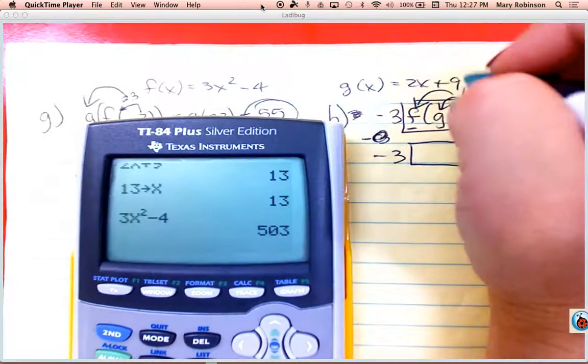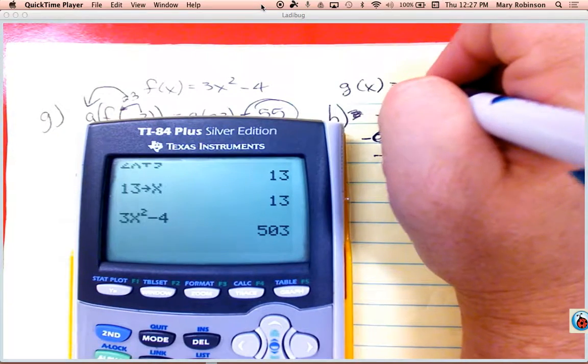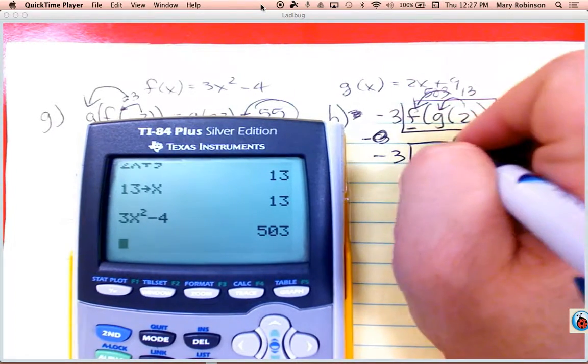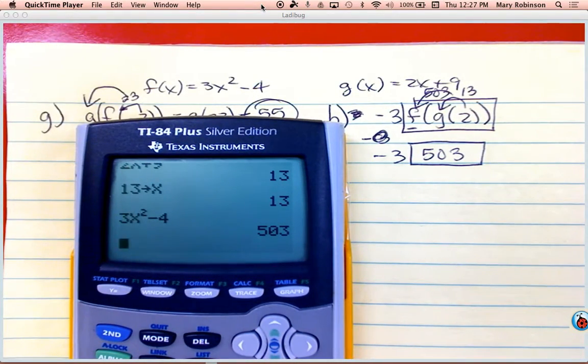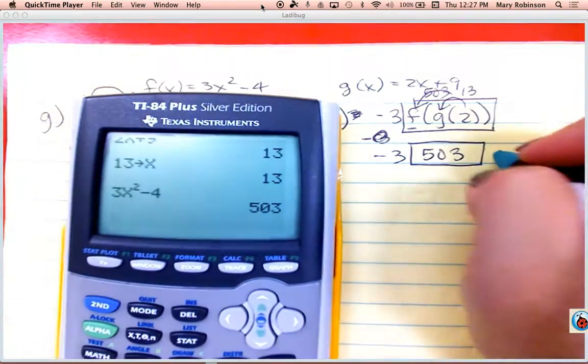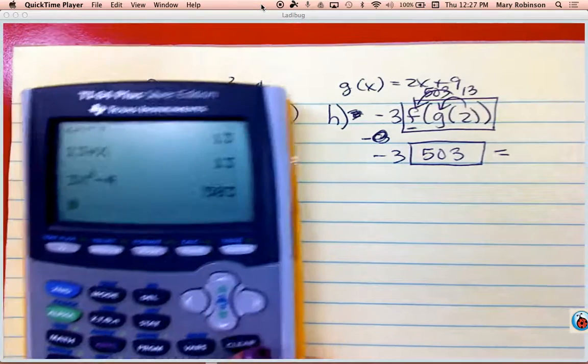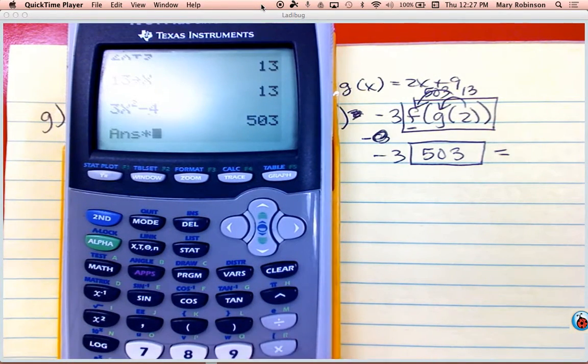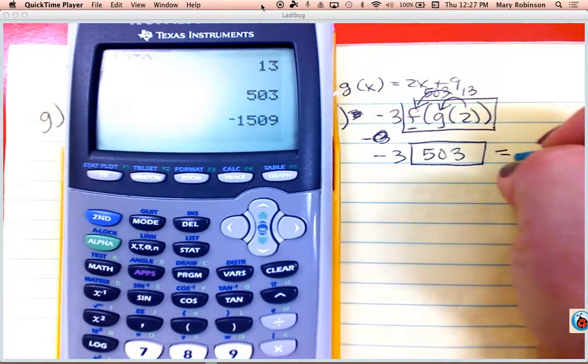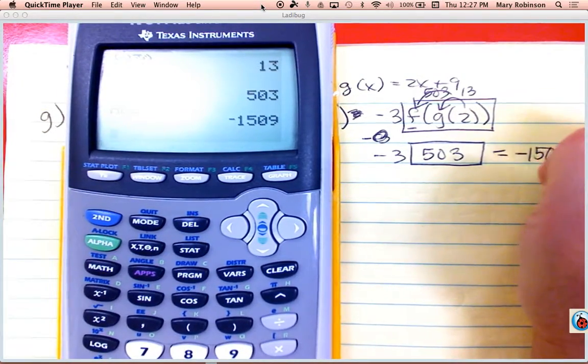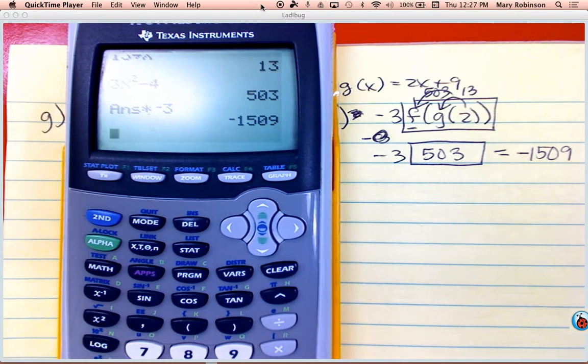That gives us a big value of 503. So I'm going to come down here and put 503. So all I have now to do is take that 503 and multiply by the -3 that was already there. So I'm just going to hit times -3. And I get -1509.